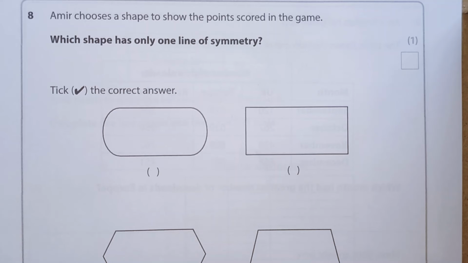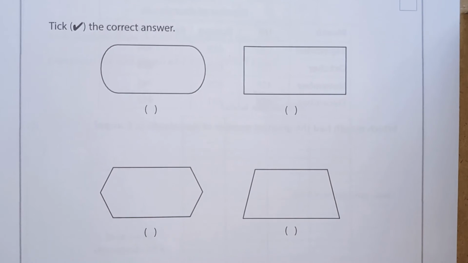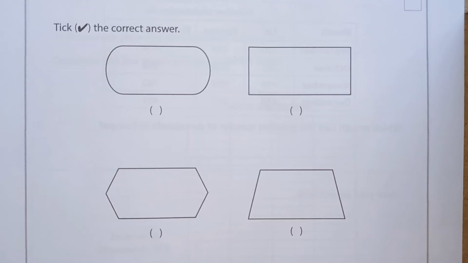Amir chooses a shape to show the points scored in the game. Which shape has only one line of symmetry? Right, let's move these up. Well, let's draw all the lines of symmetry on these shapes, and then we should be able to tell. So, line of symmetry, a line that splits the shape into two equal pieces when reflected in a mirror.